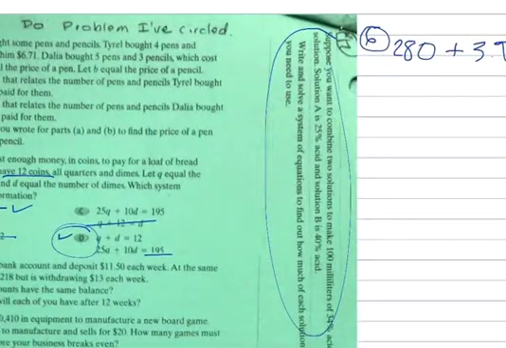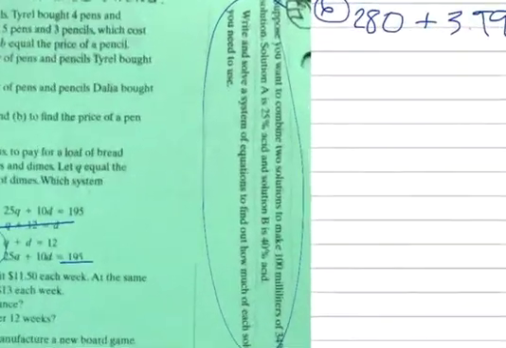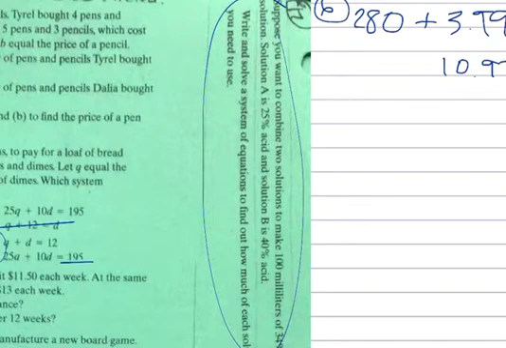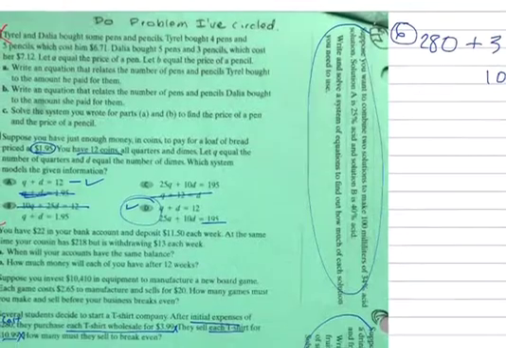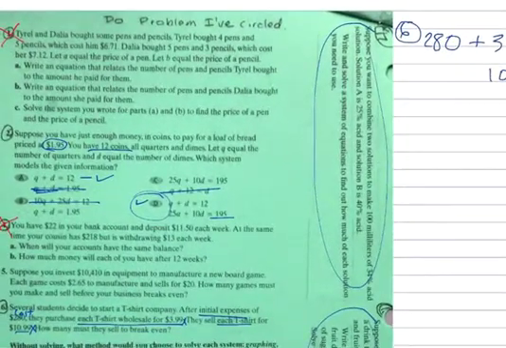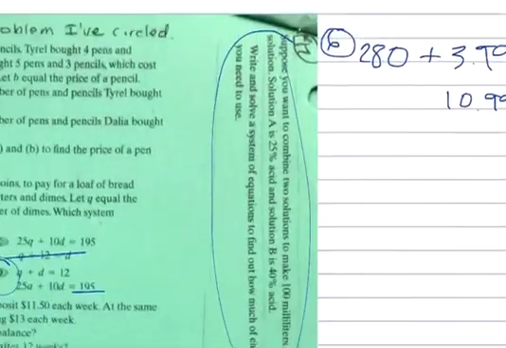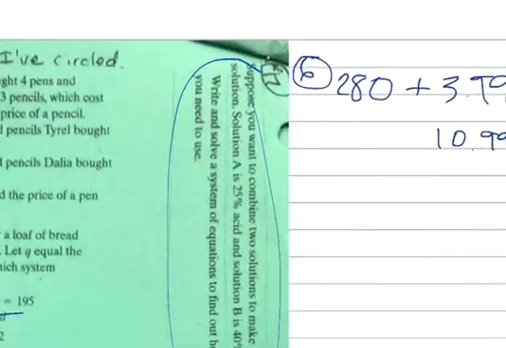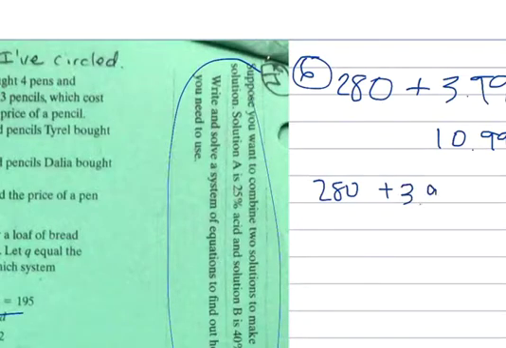This is your cost. So your income is the other equation you make by selling them for $10.99 each. Always define your variable. It didn't say in there, so set it up. So 280 plus 3.99x equals 10.99x.